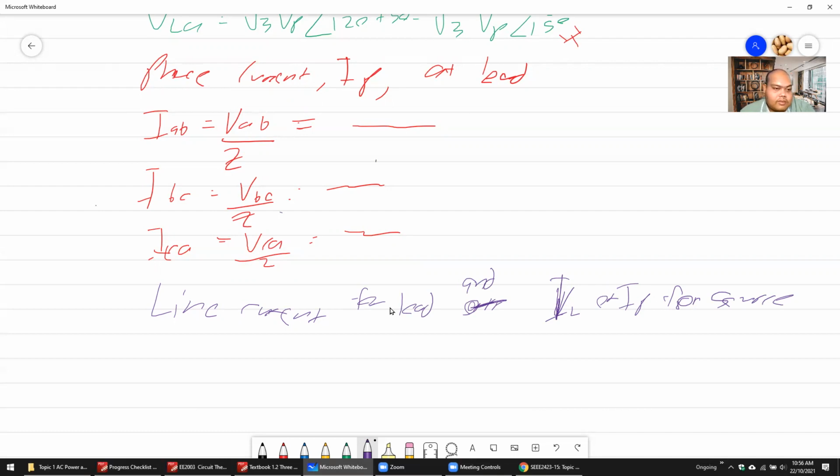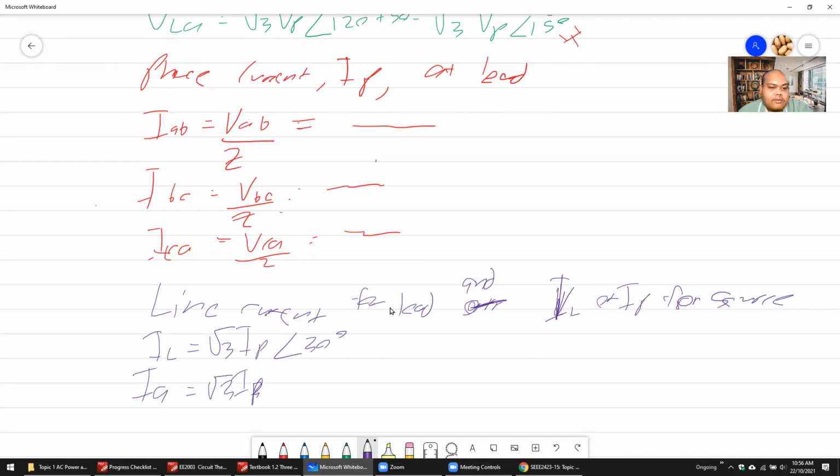So use the formula IL is equal to square root of 3 I phase, angle 30 degrees. So if you look here, IA is square root of 3 IP. Remember, this is balanced load.